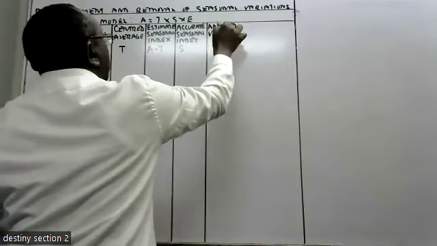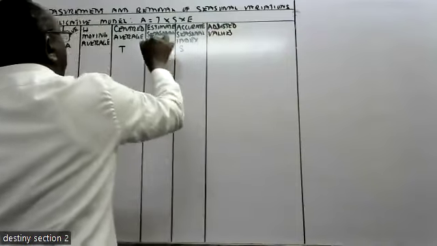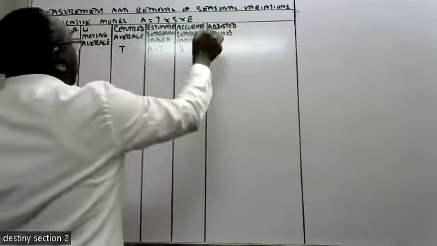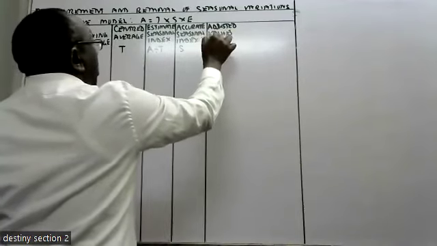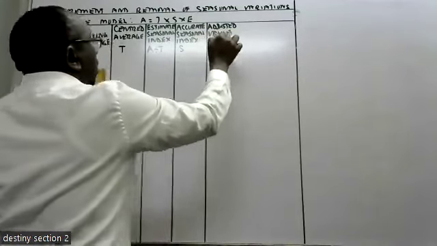This will be A divided by S, which we call Y.